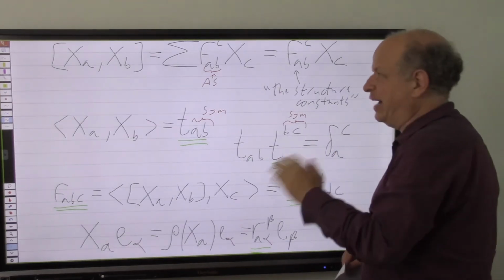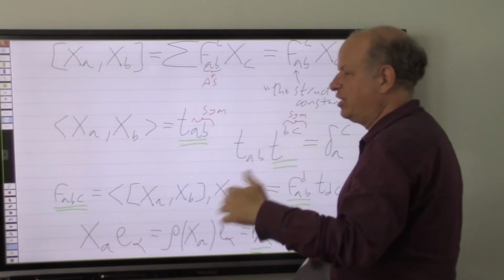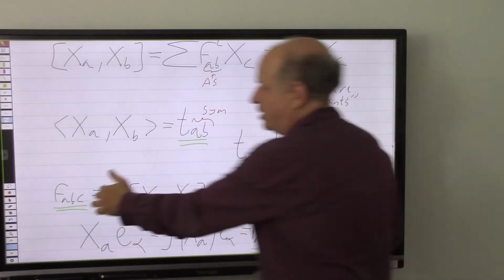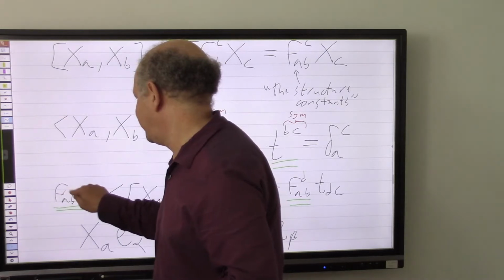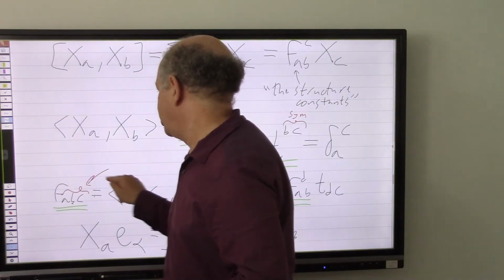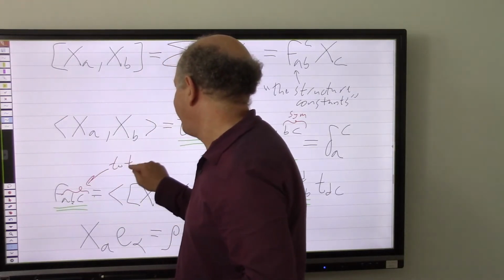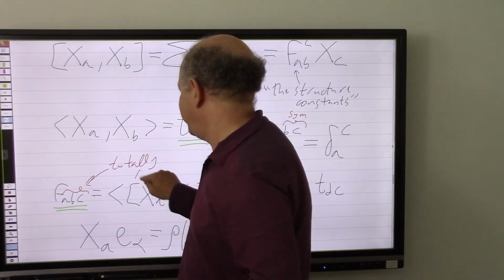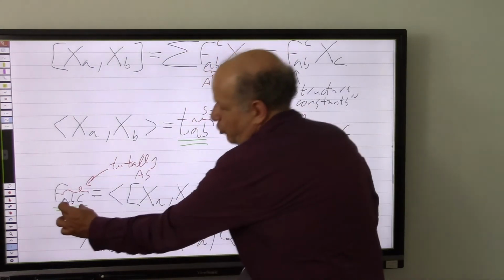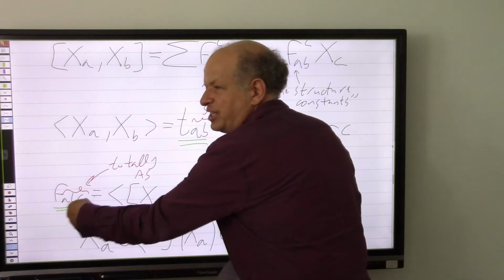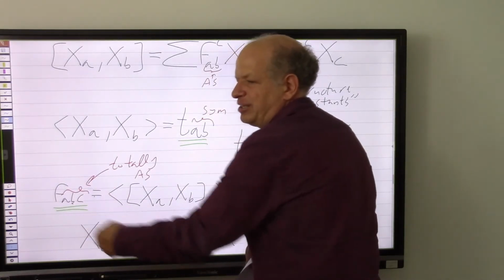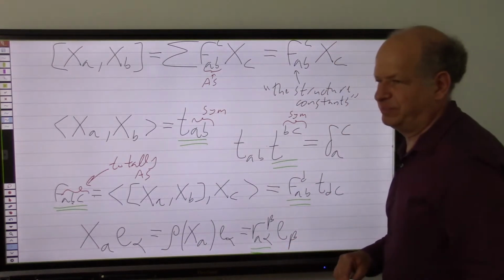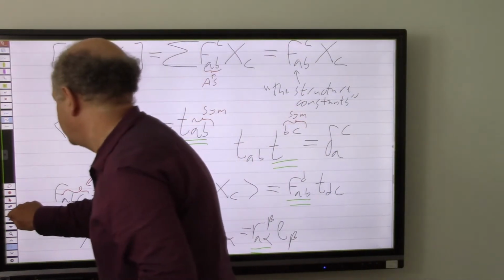If you expand what it means for the inner product to be invariant, it becomes this. So in fact, this symbol is so-called totally antisymmetric, which means that if you permute the three indices using any permutation, you get back the same thing multiplied by the sign of the permutation. Okay, good.